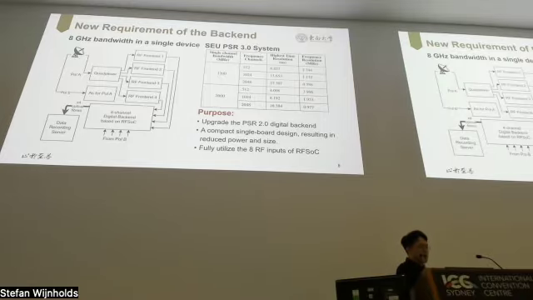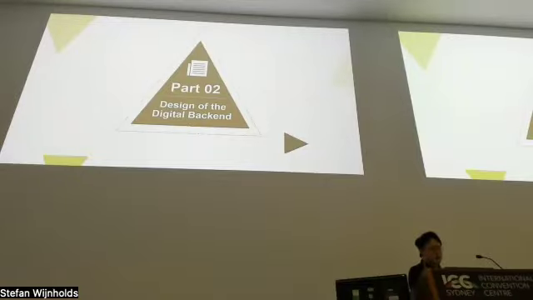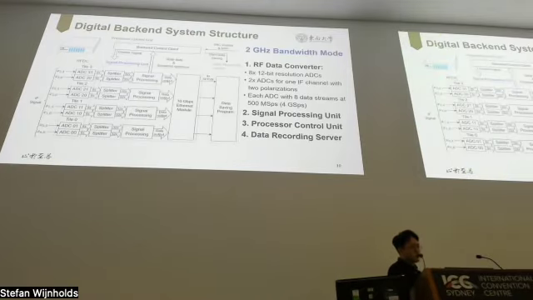Our purpose is to upgrade our previous SUPSR version 2 digital backend, and we want to design a compact single board design, which has reduced power and size. We also want to fully utilize the 8 RF inputs of the RFSoC. Next part is the design of our digital backend.